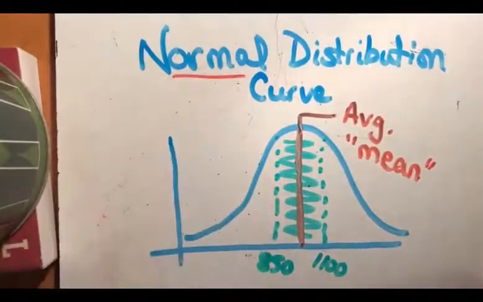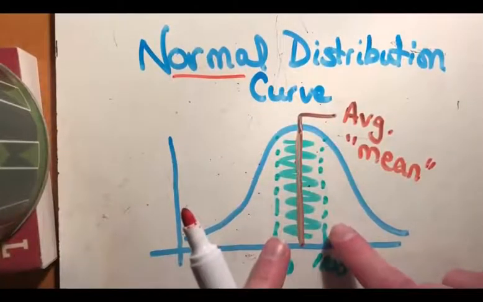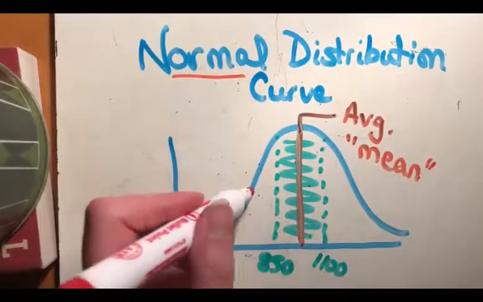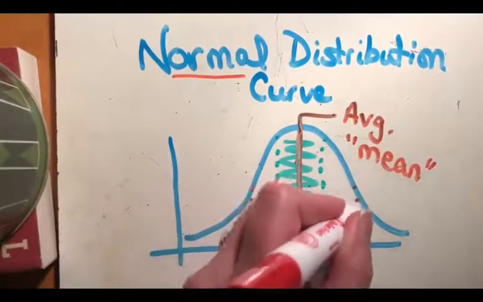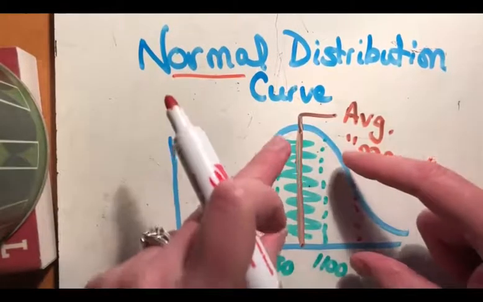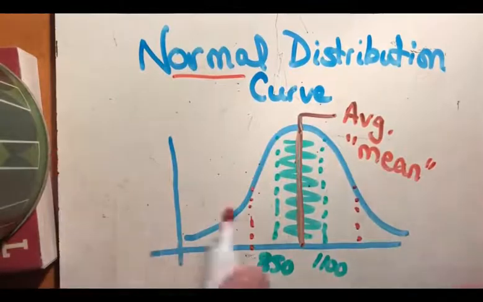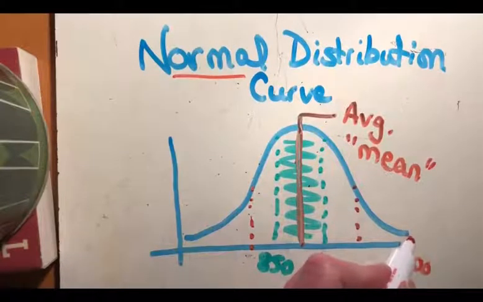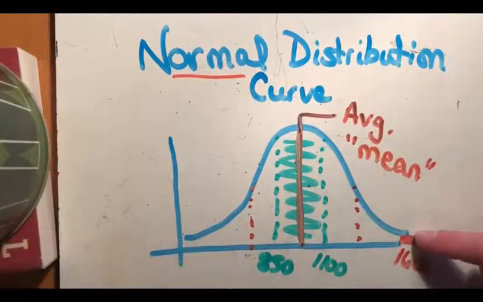So that normal distribution curve tells us it's normal to be a little bit outside that. That's where most people are going to be. And then there are some people that are scoring much, much lower on the SAT and much, much higher on the SAT. But as you look at those scores that go to the very high end, like the highest possible 1600, we're only going to have a very few number of students that are scoring at that top range.